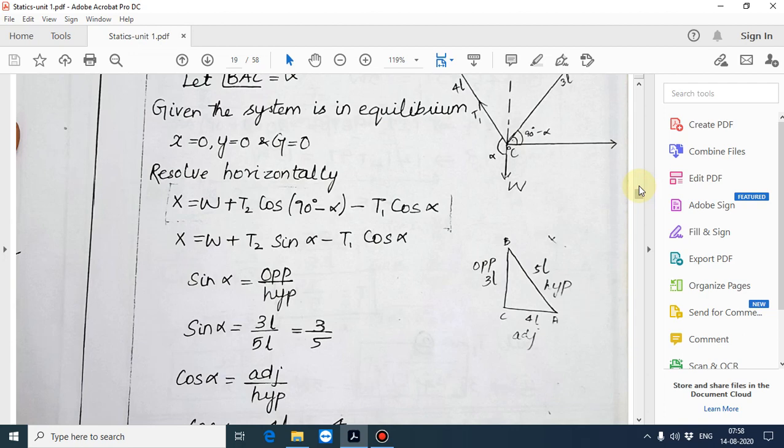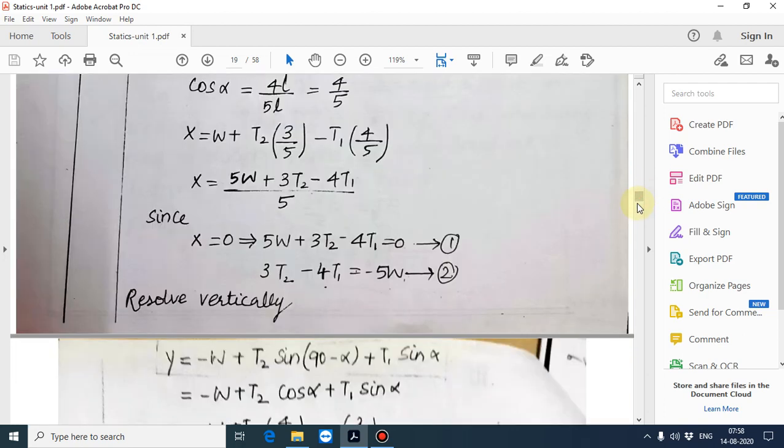Likewise cos alpha is equal to adjacent by hypotenuse, 4L by 5L. So x is equal to W plus T2 times 3 by 5 minus T1 times 4 by 5.